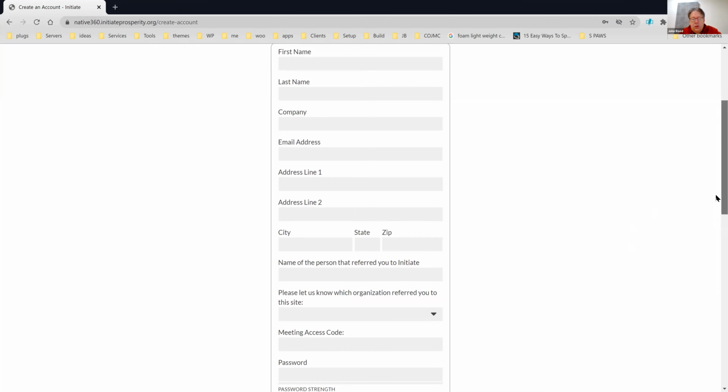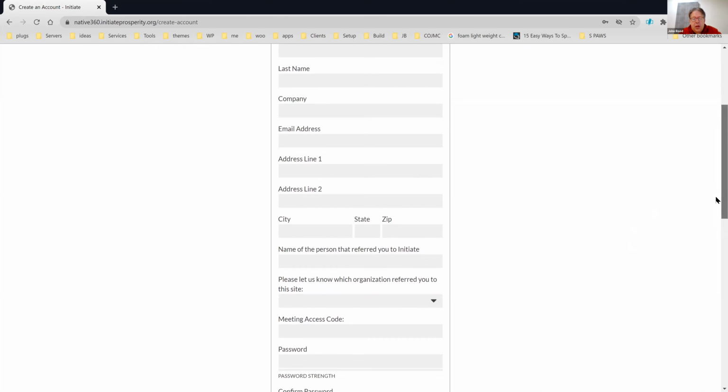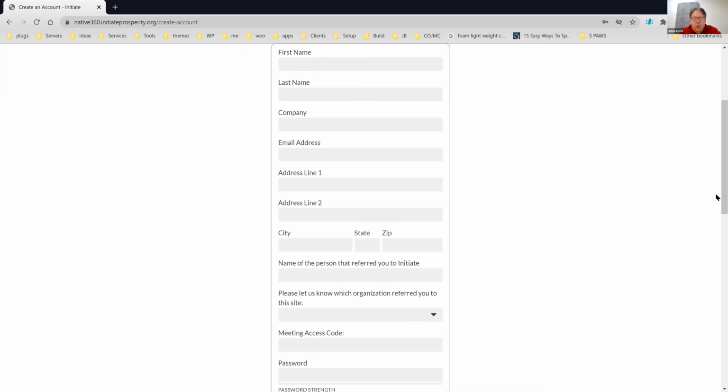Go ahead and start doing that. When you get down to meeting access code, there's a special code that we want you to type in. And it's N360-0809.